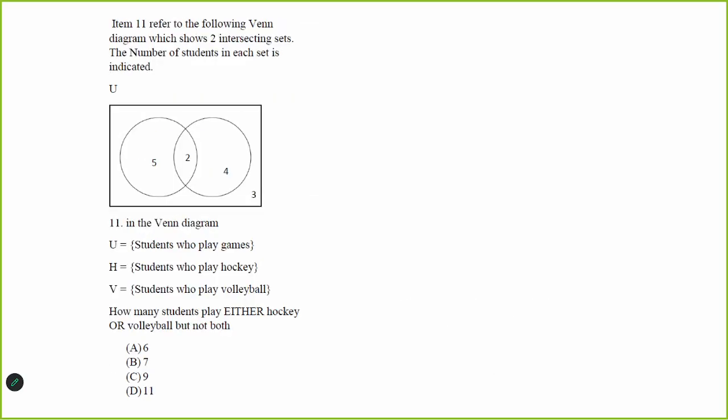Right? Item 11 refers to the following Venn diagram, which shows 2 intersecting sets, and the number of students in each set is indicated. I feel this was the one that was fuzzy enough. 5, 2, 4, and 3.